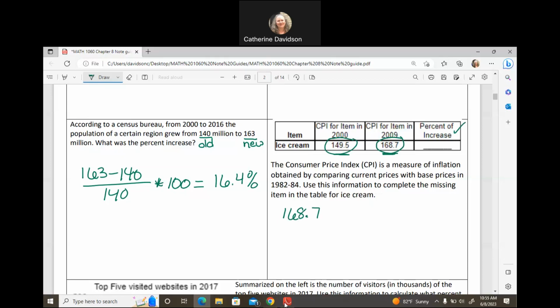So new minus old. Again, I'm just going to do this to one decimal place.